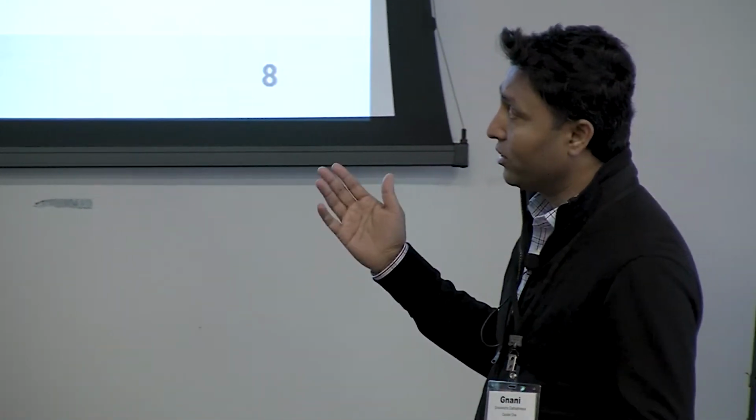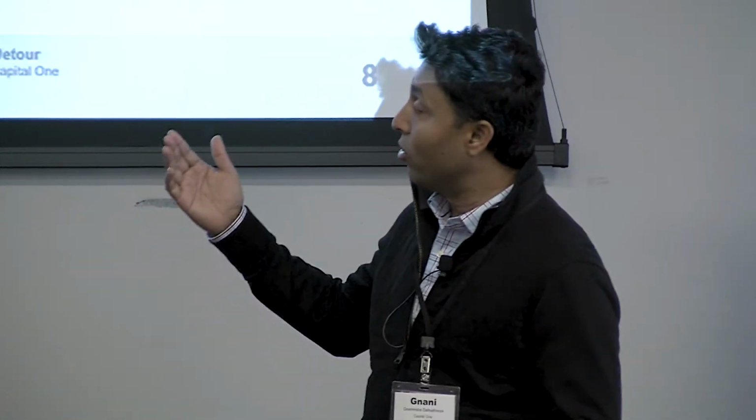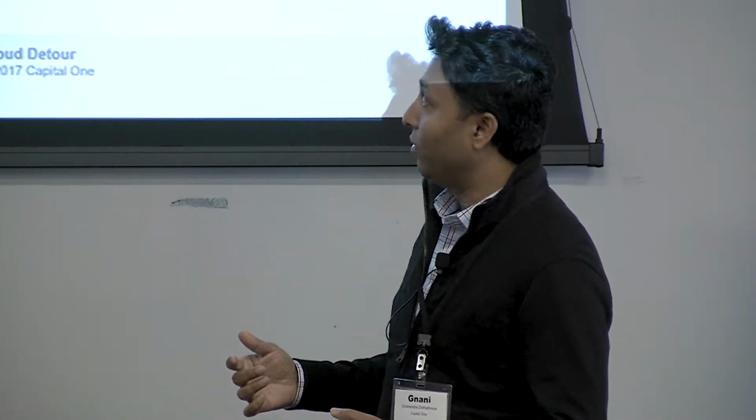And here is a quick snapshot of the different things you can do using the Cloud Detour API or CLI. You can say, give me all the applications registered in Cloud Detour. That's the get app IDs command, and it's going to get everything. In the previous example, you gave an application name, let's call it customer app.